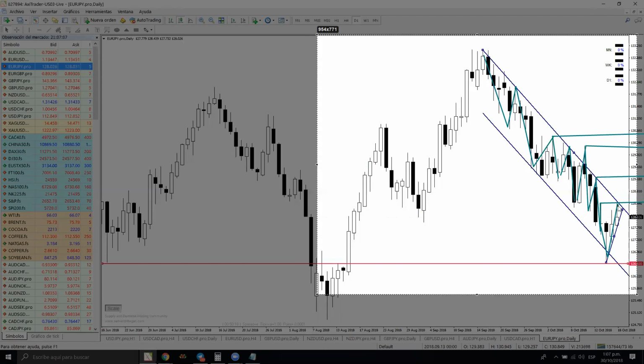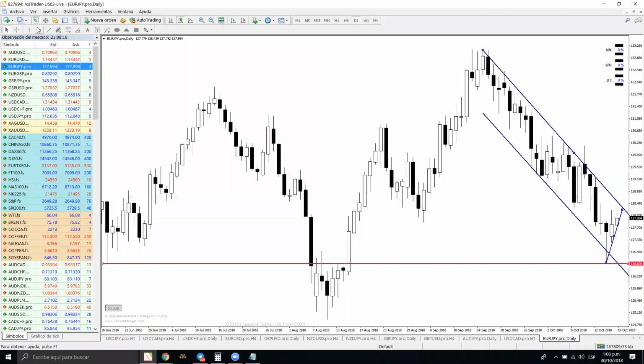If the price broke the trend line above this point, the market could shift and change direction, at least to make a new correction, okay, or a bigger pullback. But for now, we have this special point, 128.440. Let's draw it.